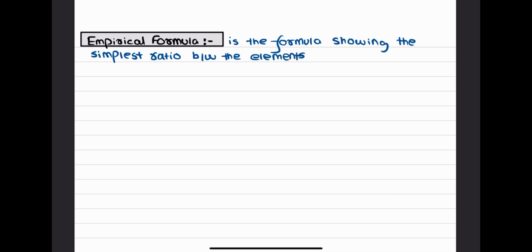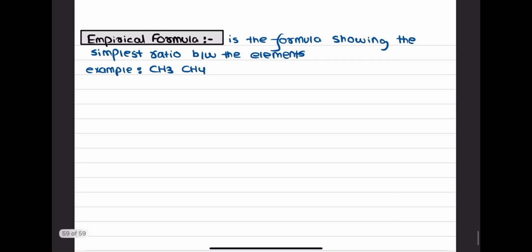Now, if I can give you an example, we have CH3, CH4. I will later explain how this empirical formula works. First, we will discuss the definitions of both empirical formula and molecular formula.